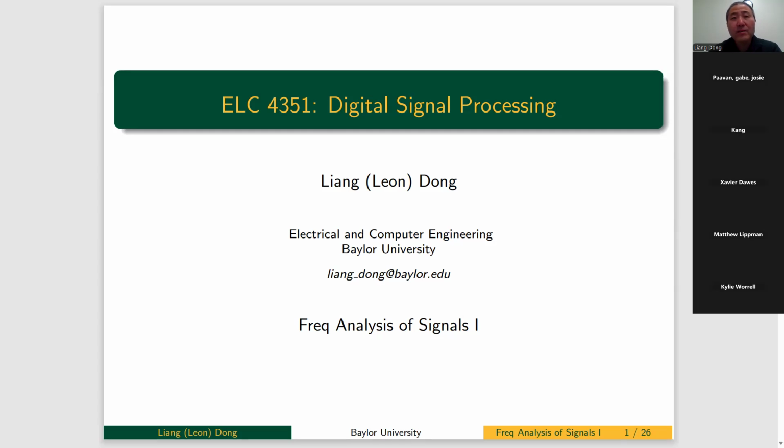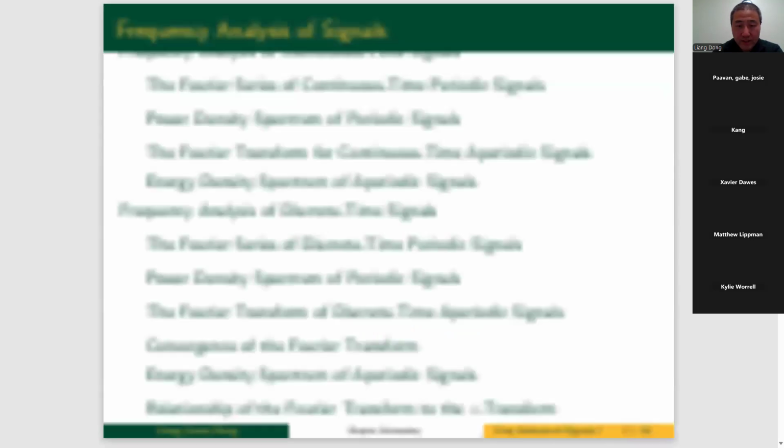But what is the physical meaning behind that? Z transform is a transformation mathematics. It actually has a special case, which is the frequency in the Fourier domain. So today we're going to look into a new chapter called the Fourier analysis of signals, a frequency analysis of signals, using Fourier transforms, a special case of Z transform.